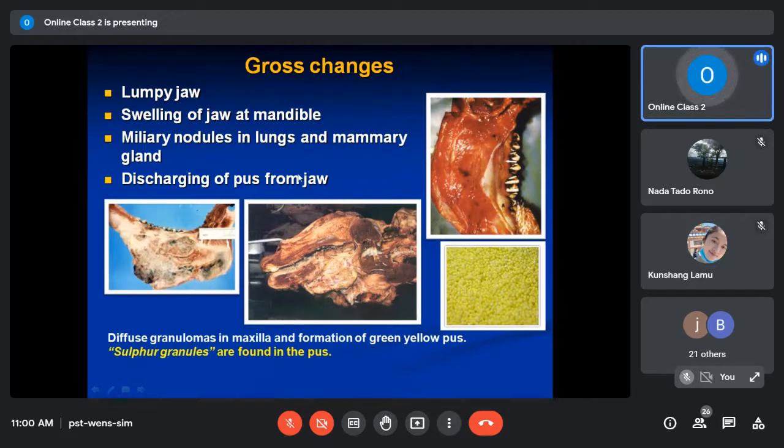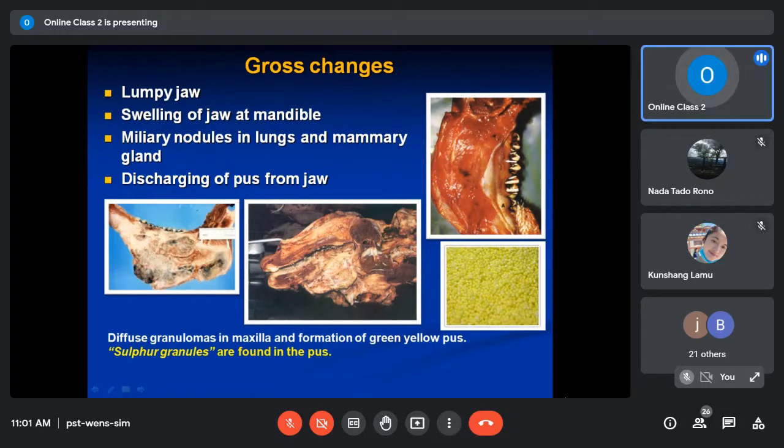Due to extension or spreading of the infection to other parts, mostly the lungs, you may find small nodular lesions, what we call miliary nodules, in the lungs, as well as in the mammary gland. And from all these lesions, pus discharges may be coming out.